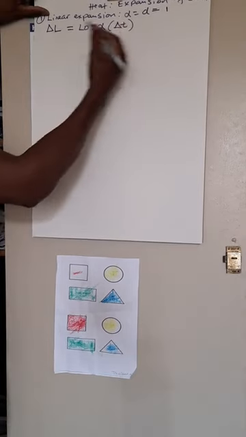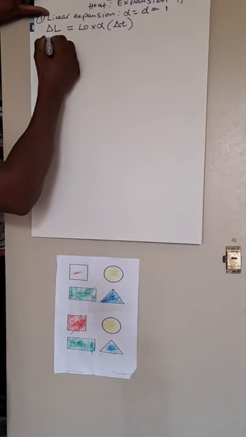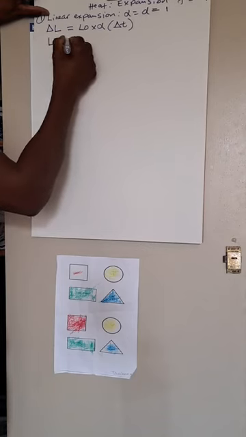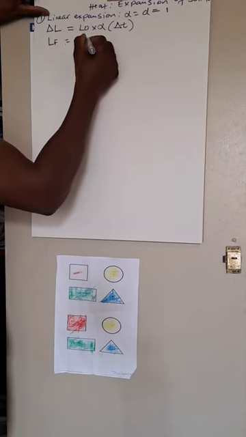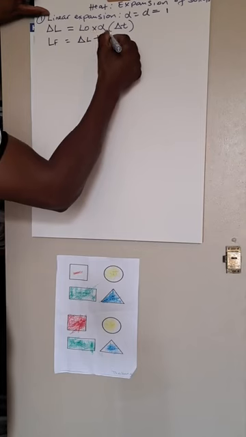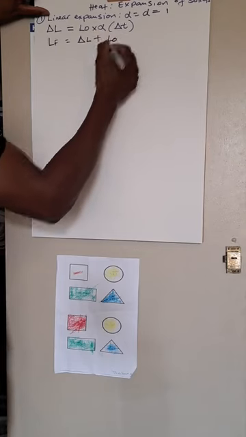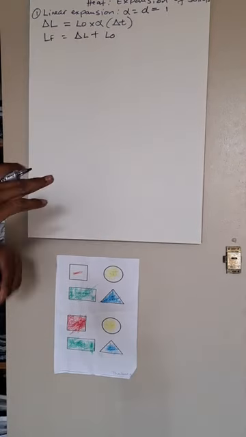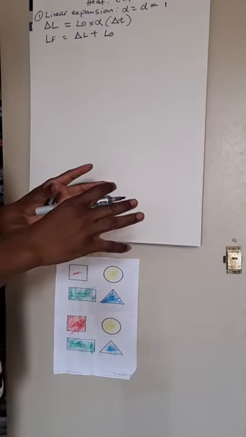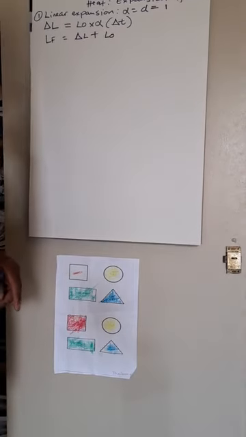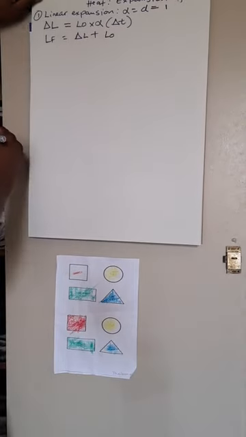How do we get our final length? Final length equals the change in length plus our original length. This is a very simple question. I hope you are following what we are doing.